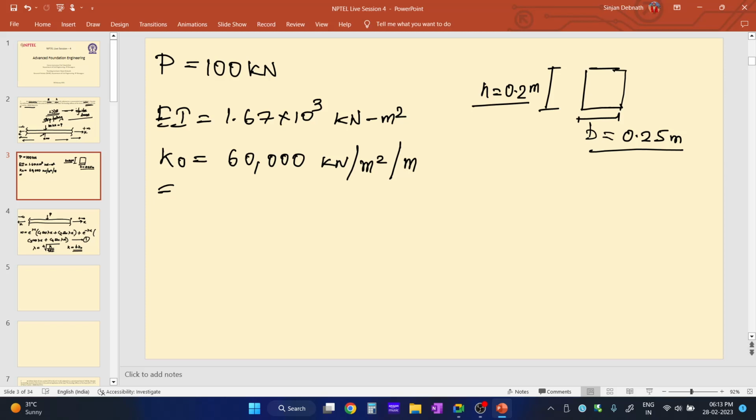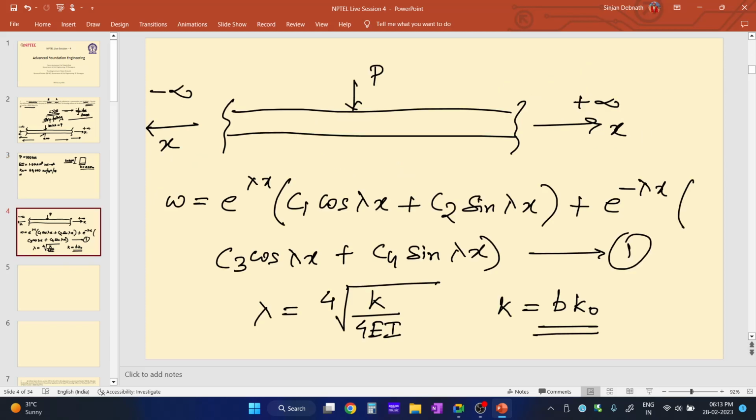And remember one thing: the footing can be represented by using an infinite beam, and the soil can be represented using springs. So K0 is the subgrade modulus. It can also be said that it is the spring constant of the spring that is representing the soil. So B into K0 is equal to K.